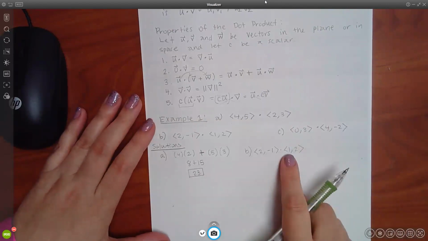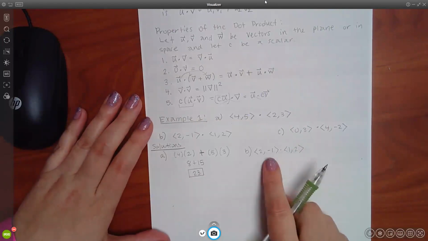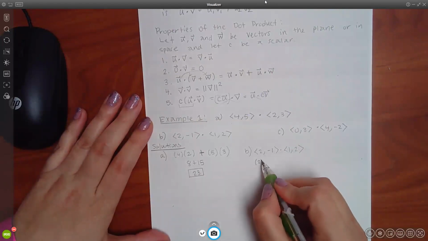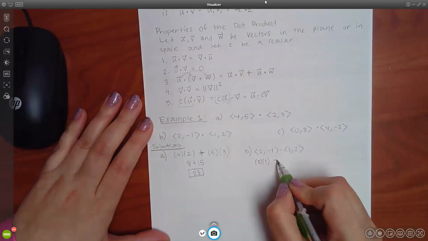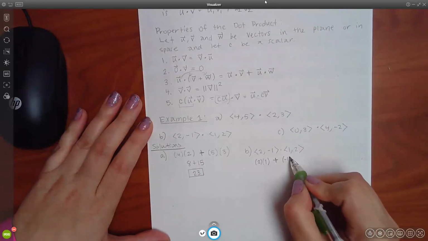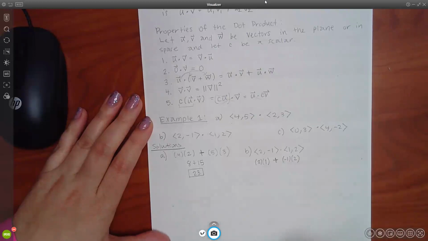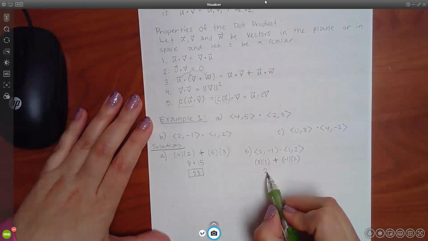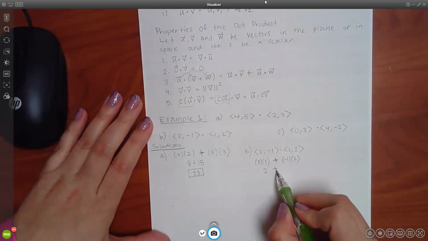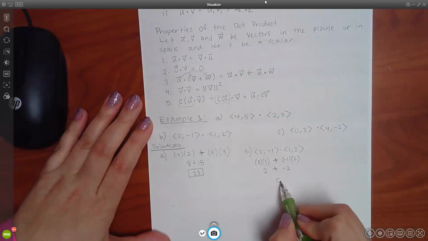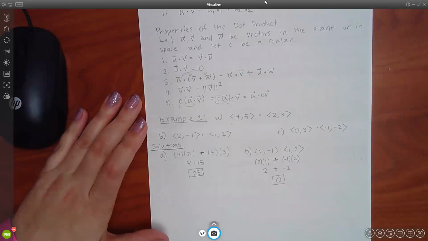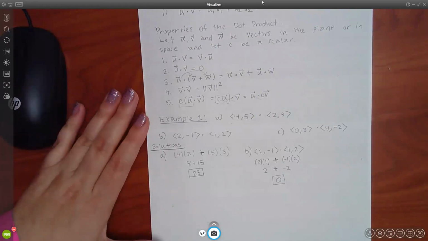So for B, these are my vectors. And if I want to multiply those, I'm going to take the first components and multiply them together. And then I'm going to take the second components and multiply them together and add the results. So I get 2 plus a -2, so I get 0 here. Just coincidental that I get 0.